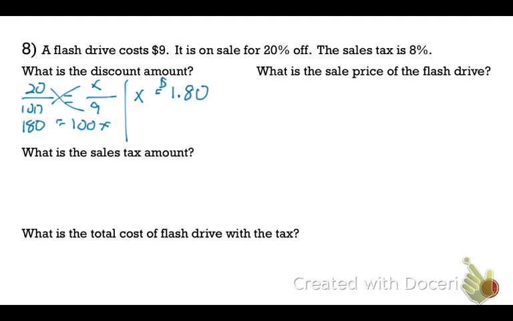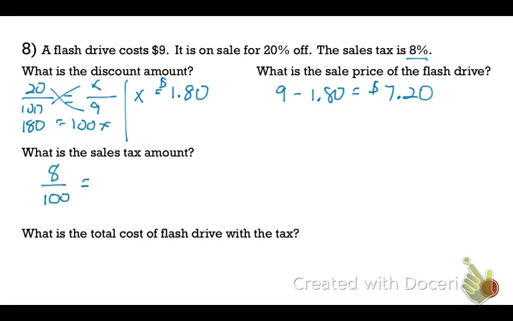So what is the sale price of the flash drive? Well, that'll be my $9 minus my $1.80. So I'm going to get that for $7.20. But I'm going to have to pay some sales tax, and it's 8% of that amount. So to figure that, I could set up my percent proportion.